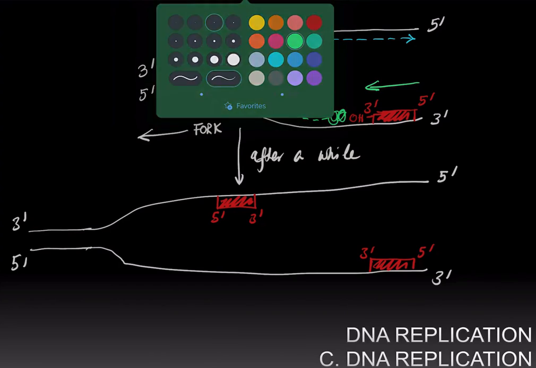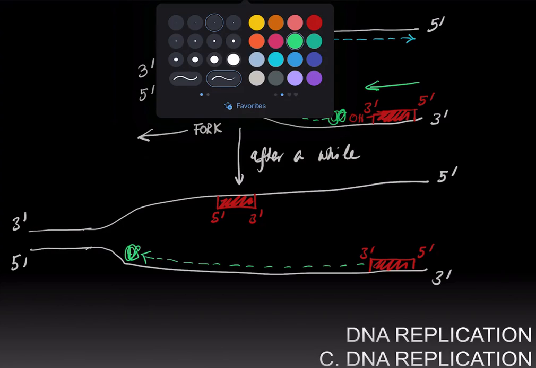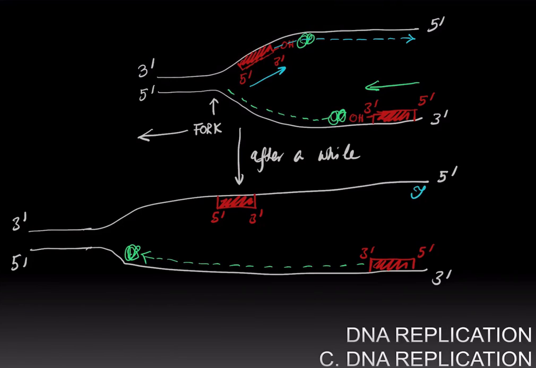My polymerases have run ahead, and this is the daughter strand that has been synthesized from the bottom template strand, and the polymerase that's copying the top template strand is over there, and this is the daughter strand that has resulted from copying the template strand on top.